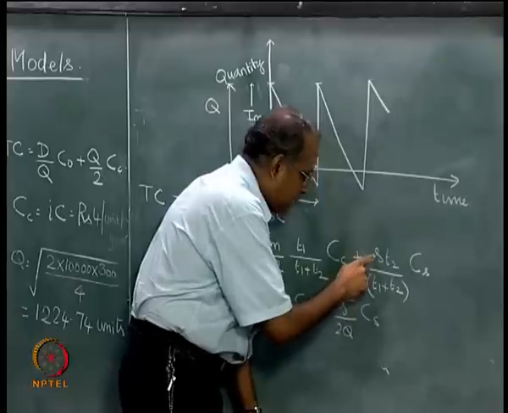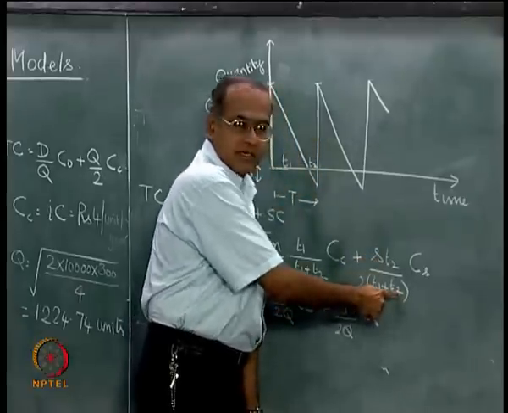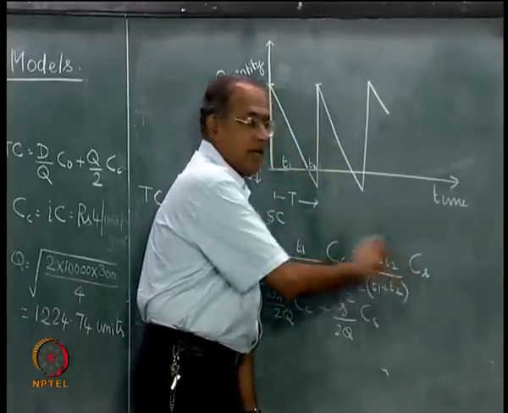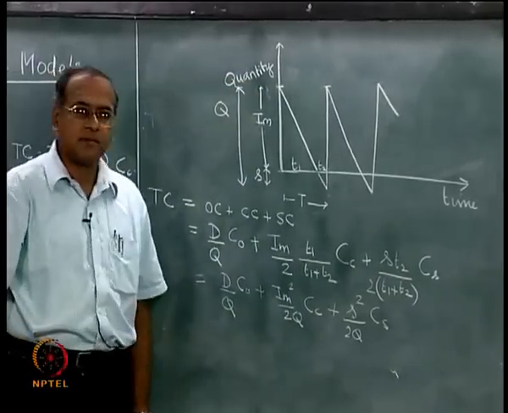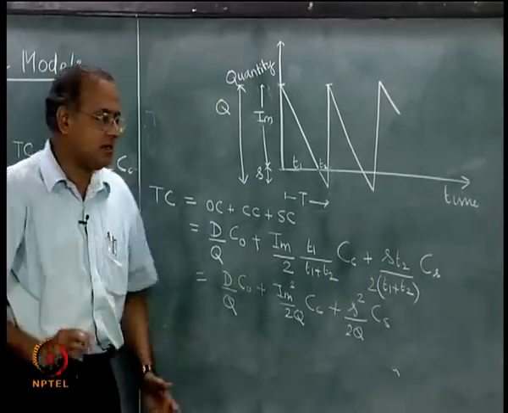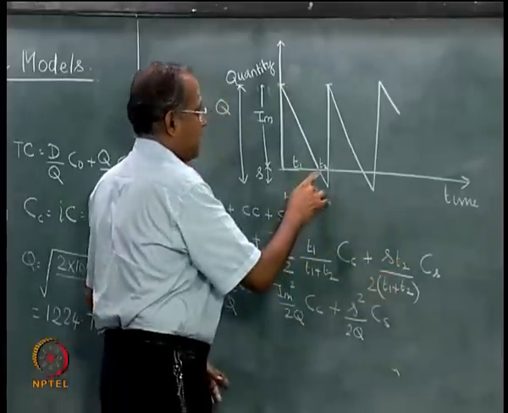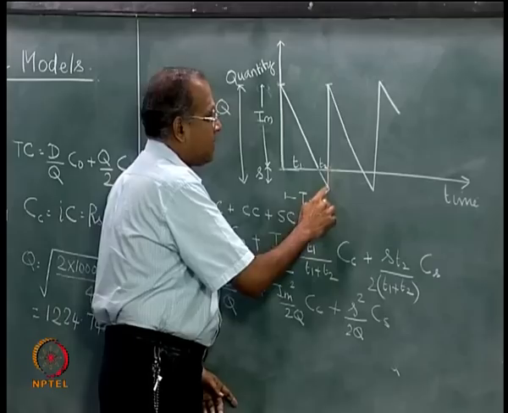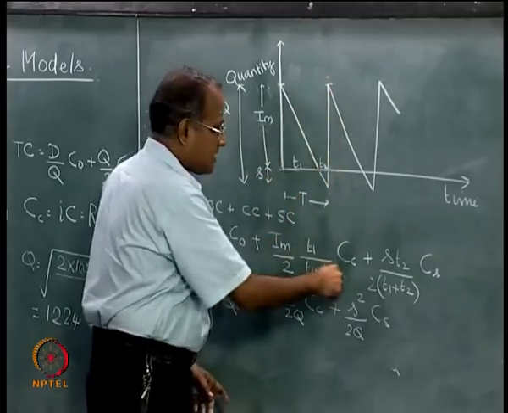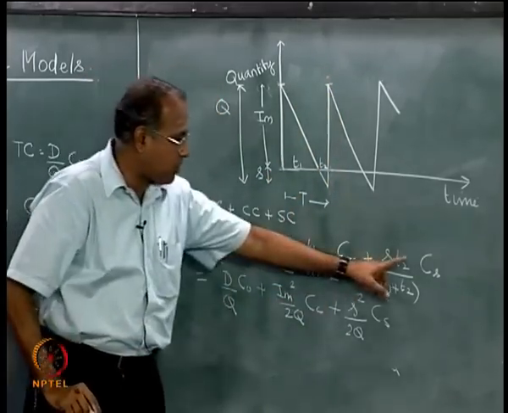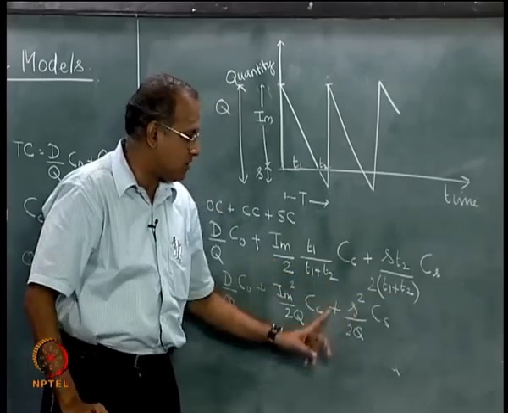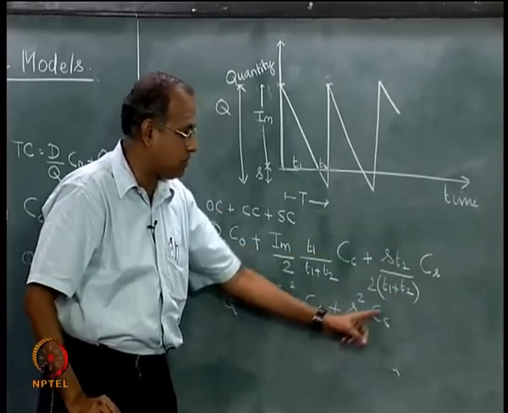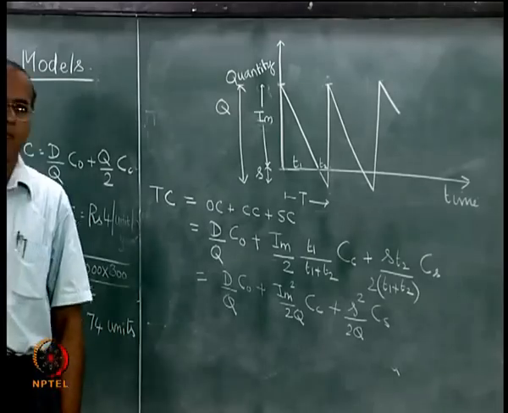This multiplied by the back order cost is Cs. So on simplification, T2 by T1 plus T2 is equal to S by Im plus S, which is S by Q. So this portion becomes S by Q, and this becomes S square by 2Q into Cs.